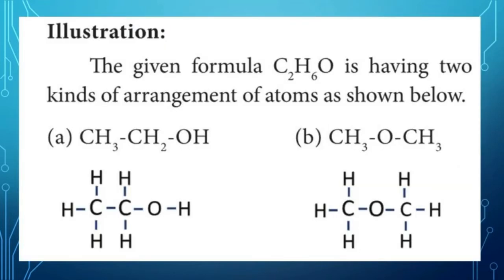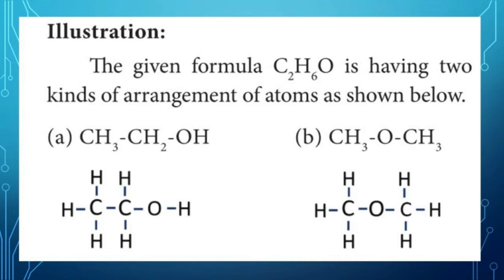Let's see the illustration. The given formula C4H10 has two kinds of arrangement of atoms as shown below: A, CH3, CH2, CH2, CH3. B, CH3, CH, CH3, CH3. Both the compounds have the same molecular formula but different kinds of arrangements.